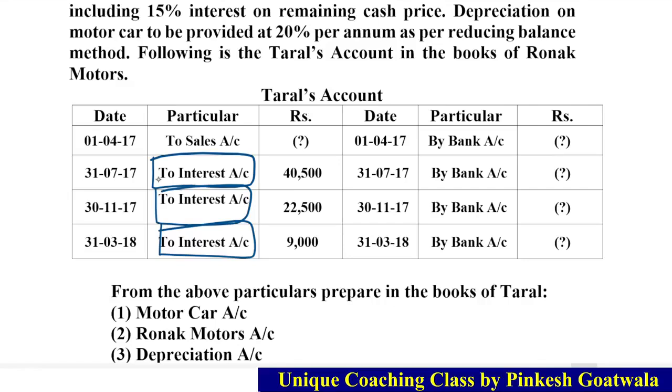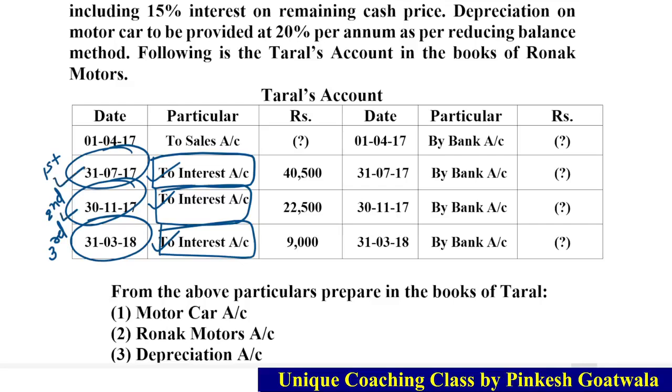So here they give the interest on different dates, right? This is the interest given on these different dates. Okay, we have the interest available for these different dates. So indirectly this is our installment. Look at it, it is our first installment, second installment, third installment, right? So we will have different installments, because when do we pay interest? When the installment is paid, interest comes along with it. So indirectly we come to know the dates of installment: 31st July, then 30 November and 31st March.